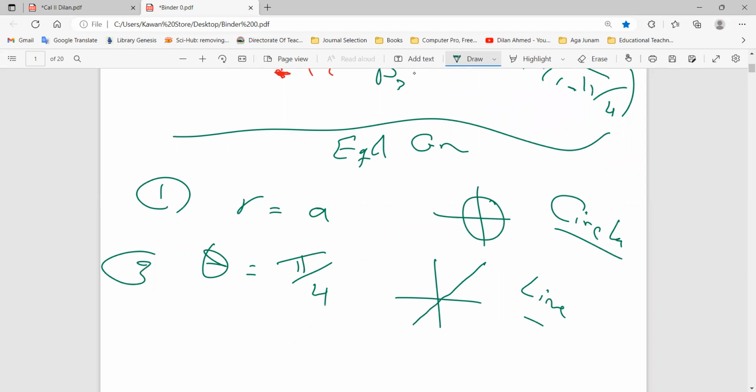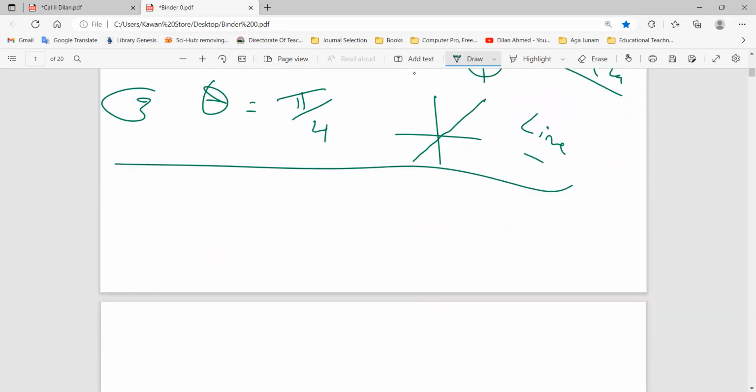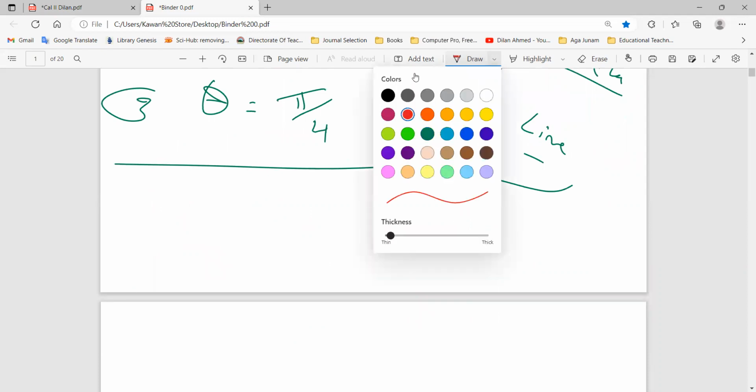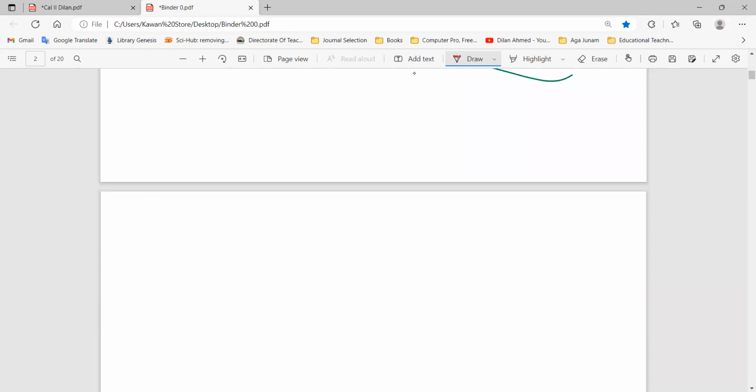To get a point here, I'm going to give you many examples. For example, if we say r equal to 2, when I say r equal to 2, in my mind, where's theta? Where's the angle? Put your mobile away.